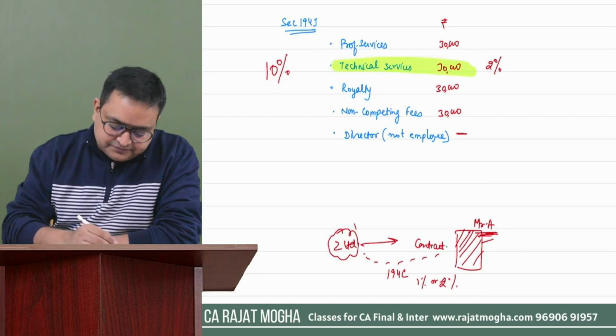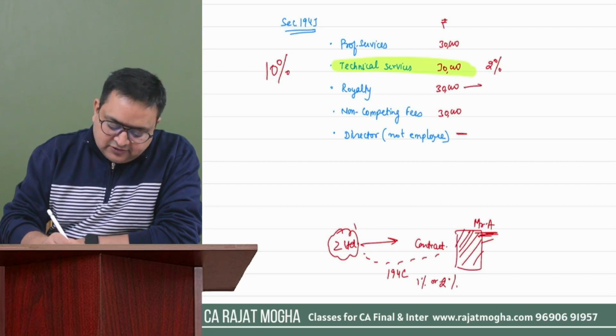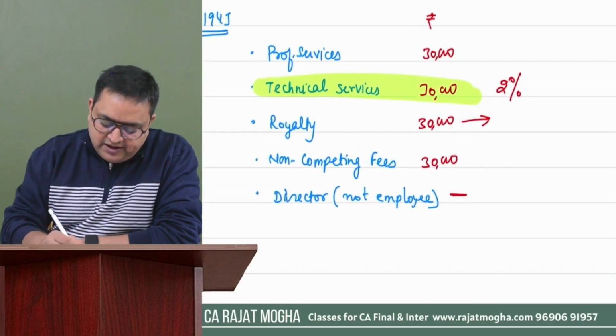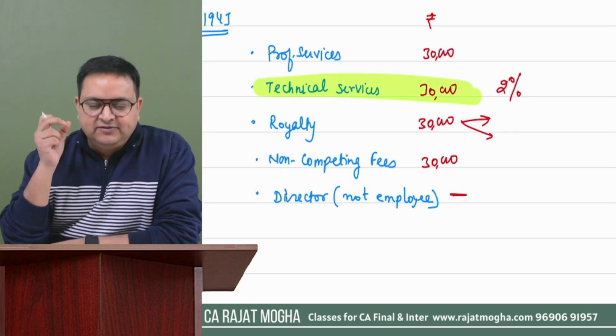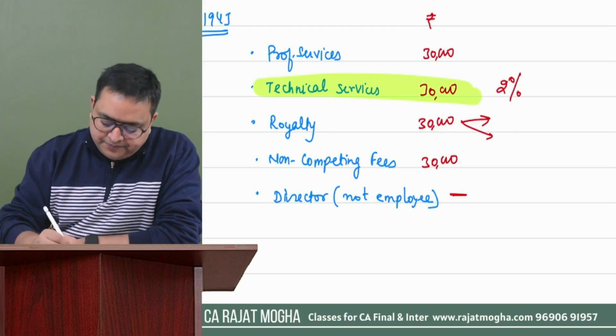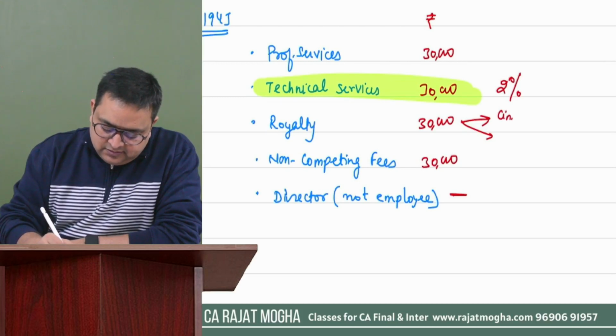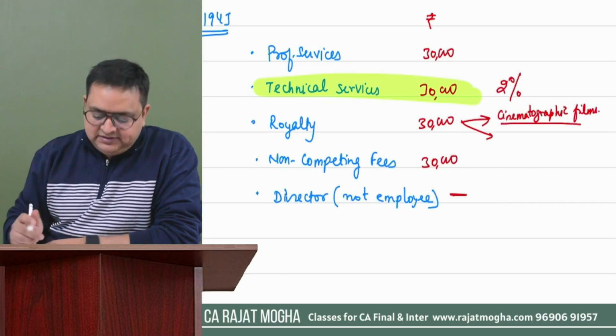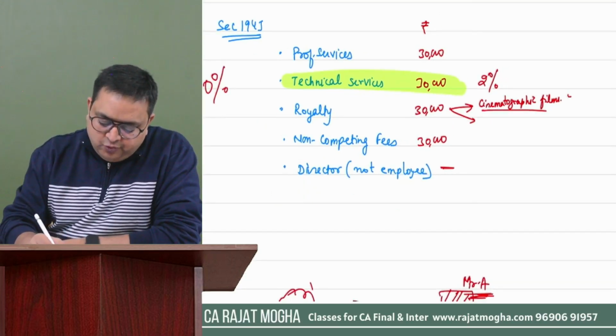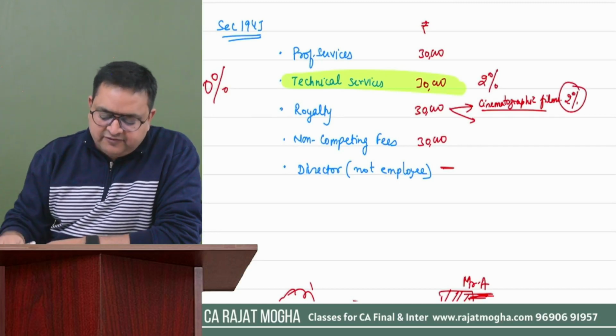Second thing is that in case of royalty, you have to see if this royalty is related to cinematographic films. If this royalty is related to cinematographic films, then also the TDS rate will be 2%. What is cinematographic films royalty?